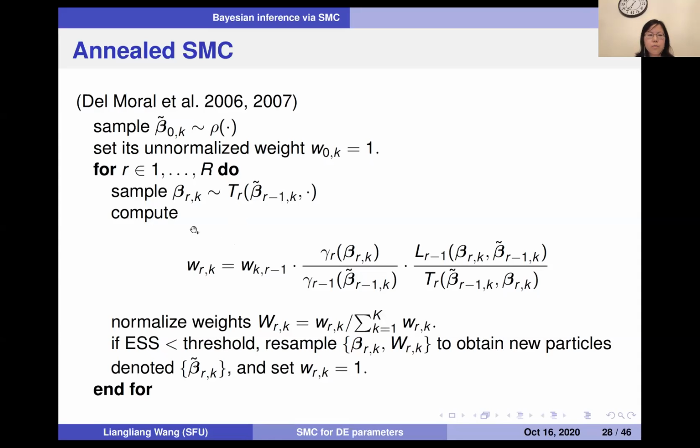We get the new particles, and we update their weights based on this formula here. And then we normalize the weights. If the effective sample size is smaller than some threshold, we do a resampling step to get the new particles. The particles after the resampling are denoted by beta tilde, and we reset the particle weights.